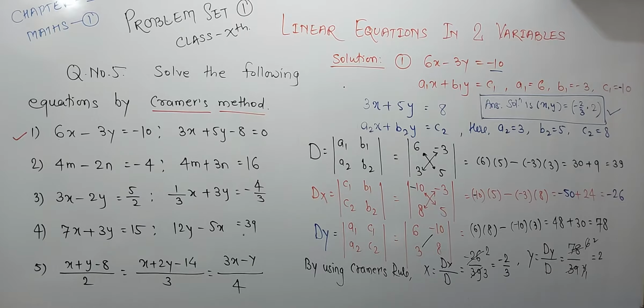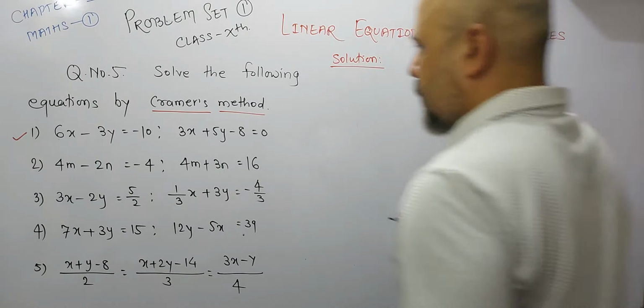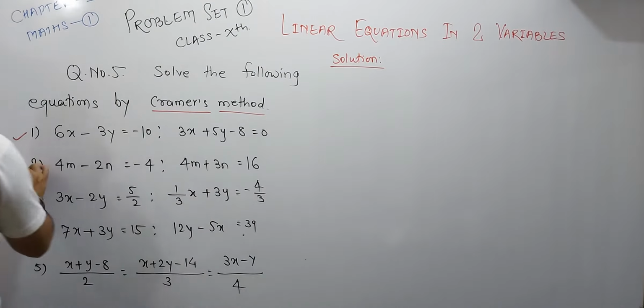Now we will discuss question number 2. So what is question number 2? Question number 2 is 4m minus 2n is equal to minus 4 and 4m plus 3n is equal to 16. So now we will see the second question. Okay.